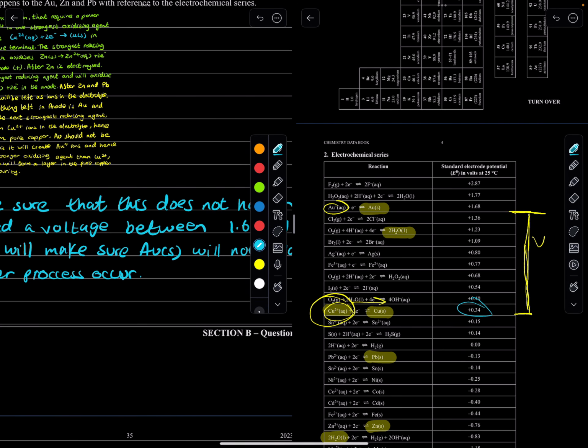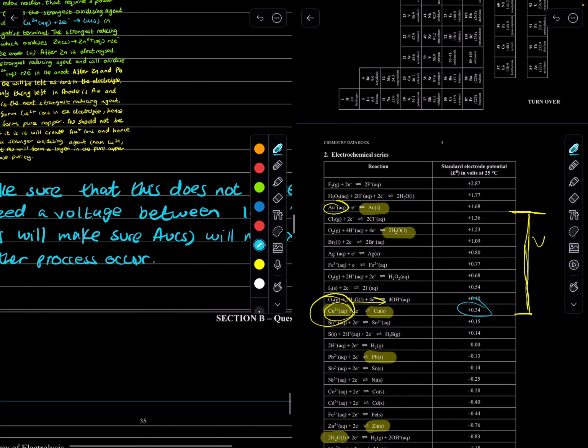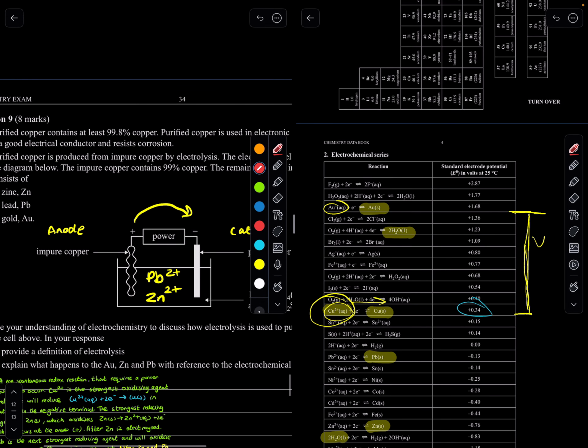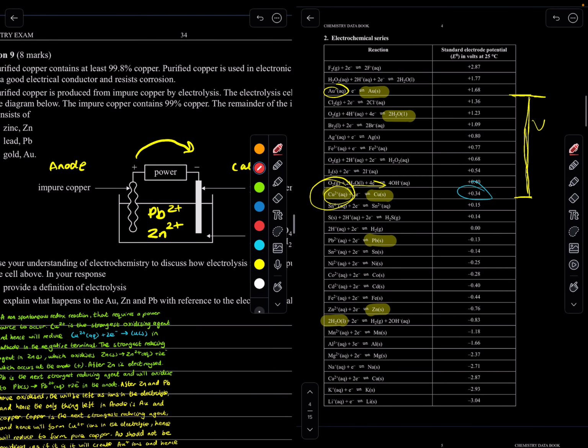So, probably a student, like we said, you know that lead and zinc, why do they not affect that? Because remember, when we form them, what happens? They are useless because copper is still stronger. It's the strongest oxidizing agent. So they don't actually have an effect, and they stay in the electrolyte.